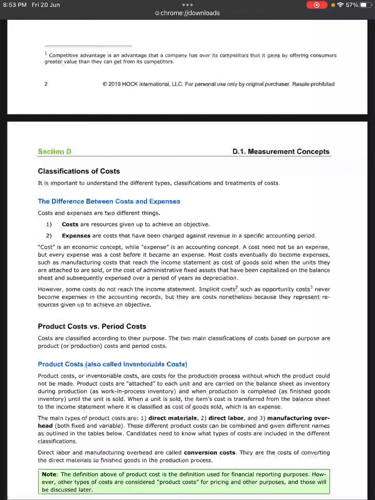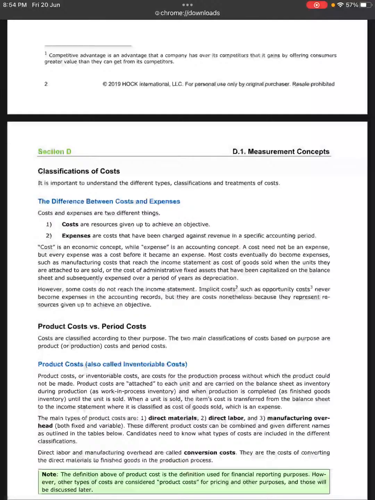Let's discuss cost and expenses. Cost, I already told you, is the resource given up to achieve an objective. Suppose I purchase one product, that is cost, but only purchasing the product is not my business, right?